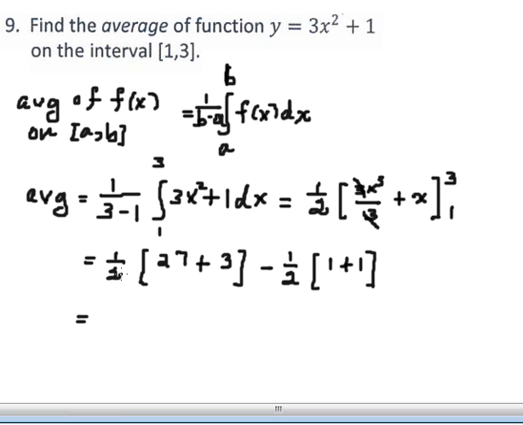Half of 30 is 15, minus half of 2 is 1. So we have 14 for the average value.